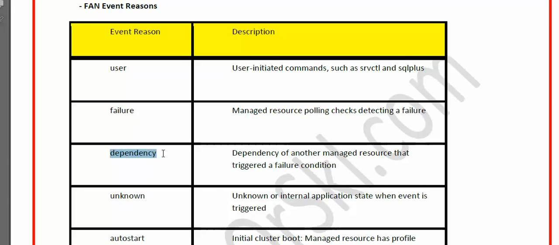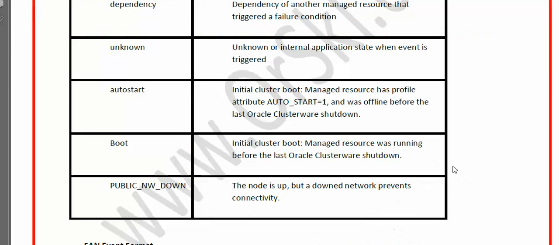Is there a dependency for one of the events which was failing, or is it an unknown reason, where the software could not identify the reason behind the event unavailability? Then definitely it will write it as unknown.